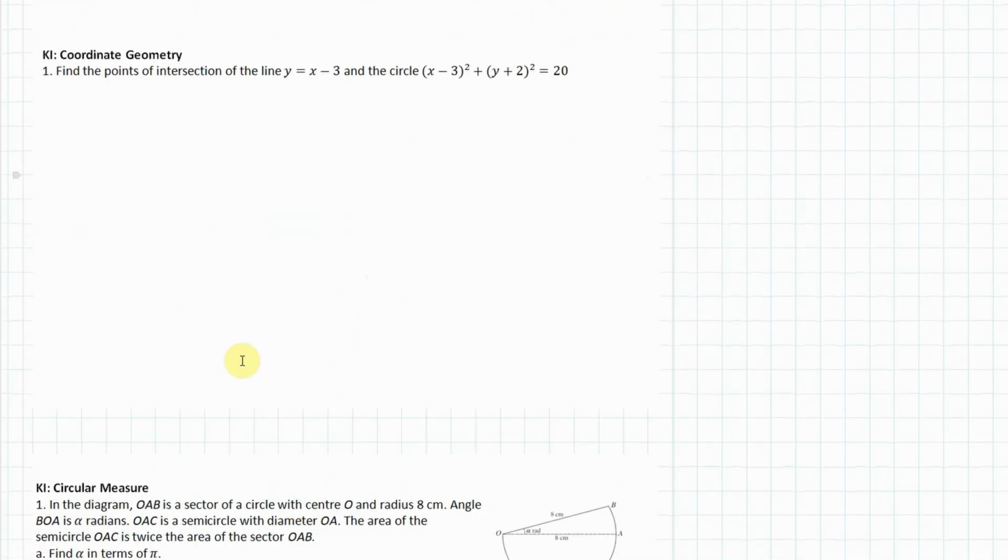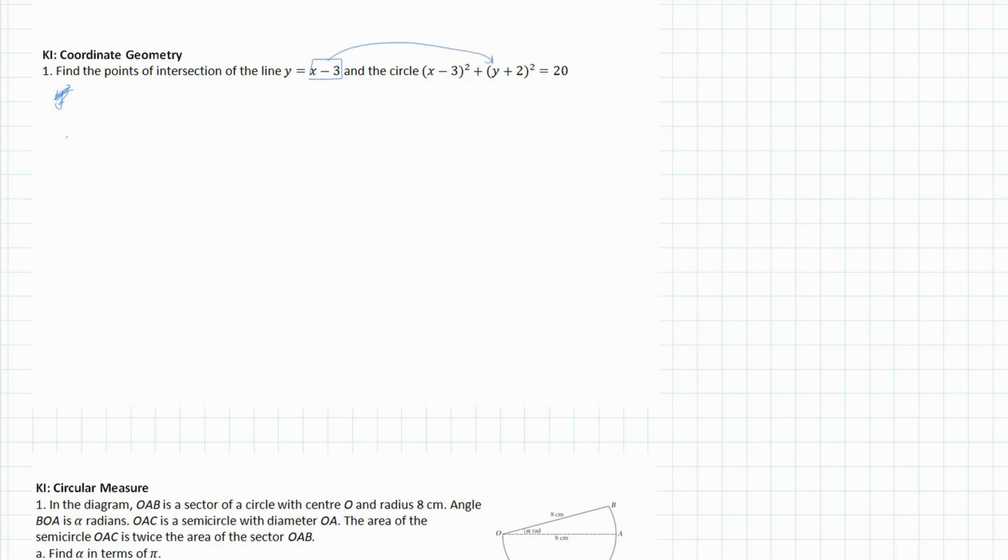Cool. The points of intersection for the line and the circle. Okay, we've got to find them. So, okay, well, if the line is y equals x minus 3, then what I'll probably do is I'll just pop this into the values of y here.